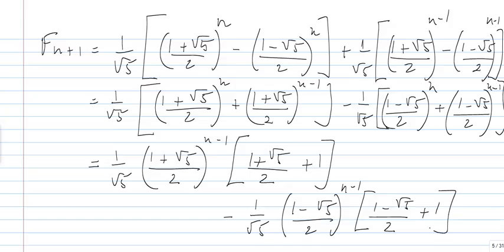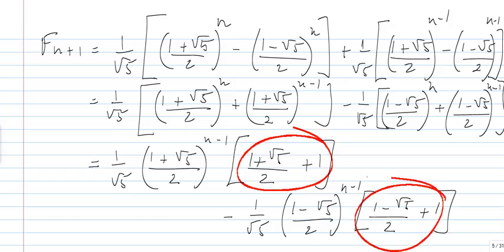And again, if we go back to the equality that we showed before, we know that this will be equal to (1 plus square root of 5 over 2) squared, and this one will be equal to (1 minus square root of 5 over 2) squared.